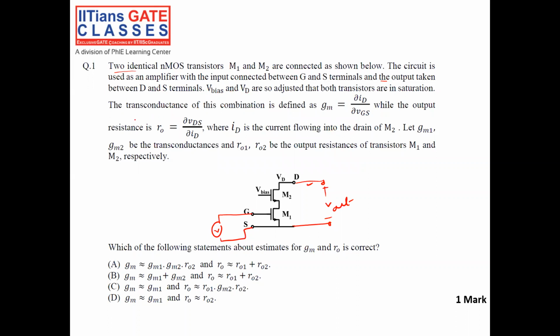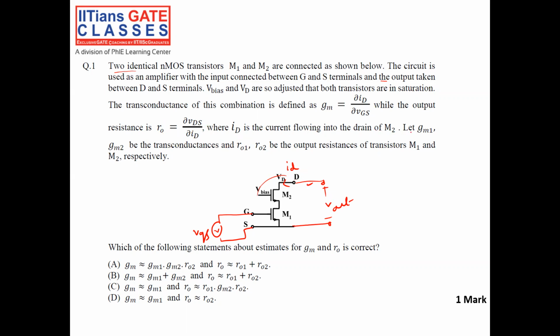The transconductance of the whole combination is given by GM equal to dID by dVGS, the change in output current by the change in input voltage. The output resistance of the whole combination is given by dVDS by dID. So if I change some output voltage, how much my current changes will determine my output resistance. ID is the current flowing into the drain of M2.